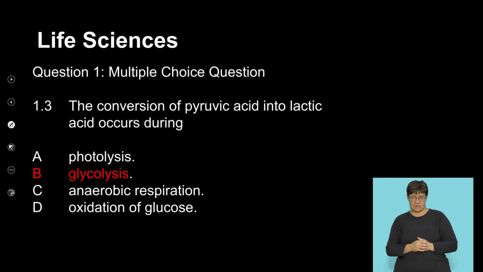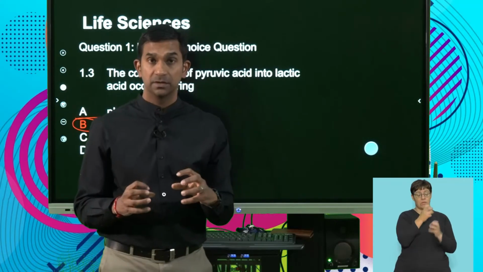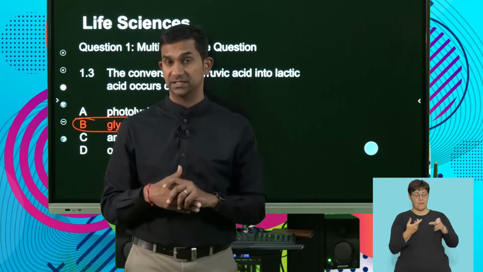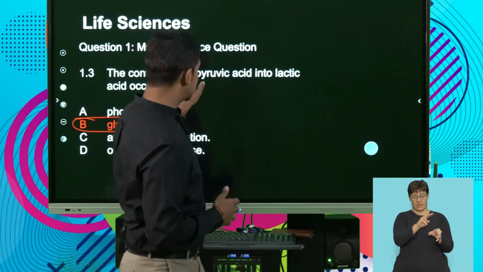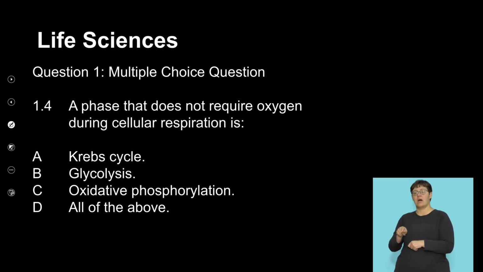So guys, it's important that we know that this reaction happens during glycolysis. So when glucose is broken up, it's broken up into 2 pyruvic acid molecules. That is the process that occurs during glycolysis, and that gives you, in anaerobic respiration, lactic acid. So the answer there was B.